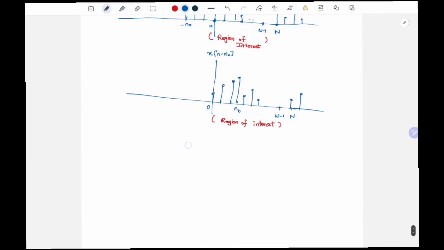So now my x[0] is nothing but whatever was at x[minus n naught].